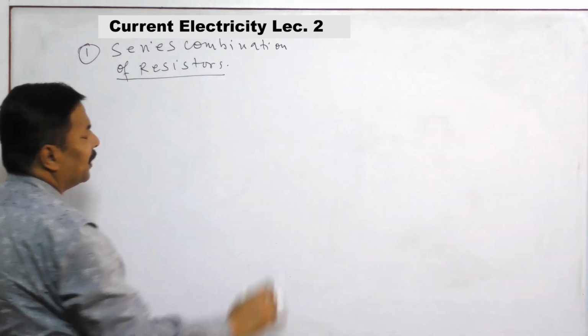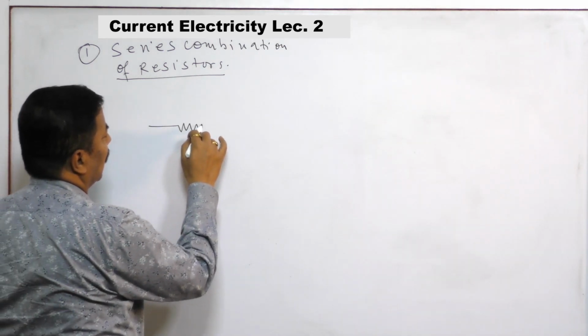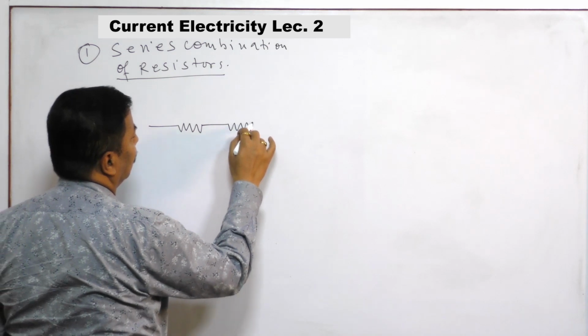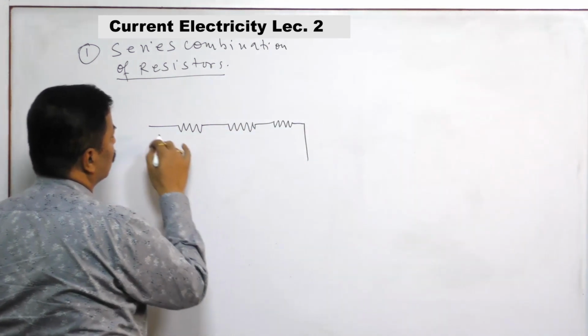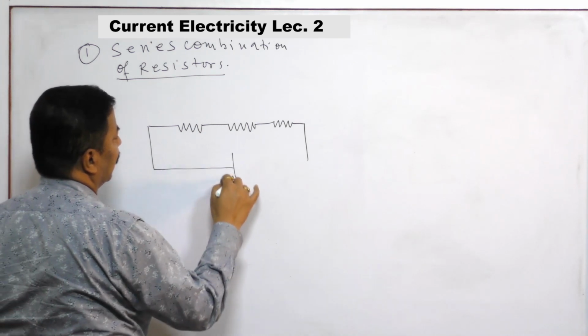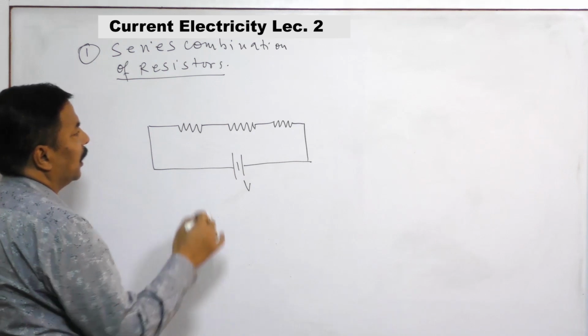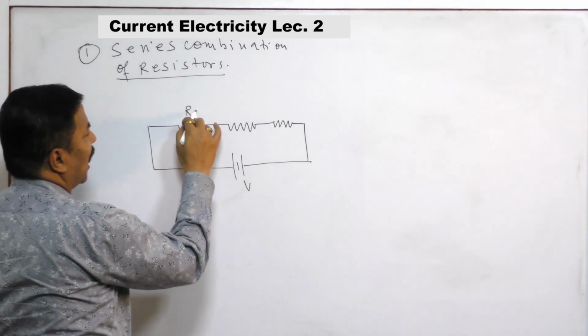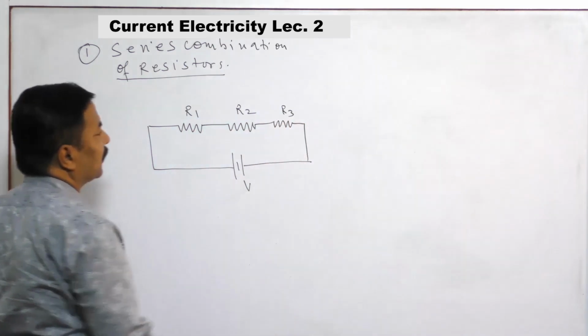In series combination of resistors, if there are certain resistors connected in this way with an external source like this, a battery of V volt, suppose this resistance is R1, this resistance is R2, this resistance is R3.